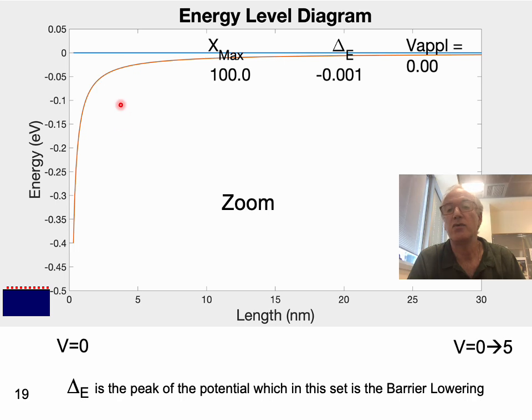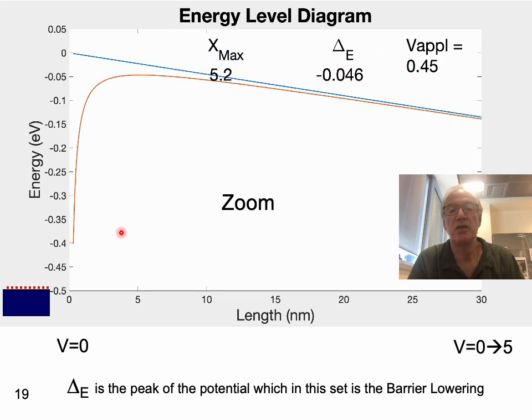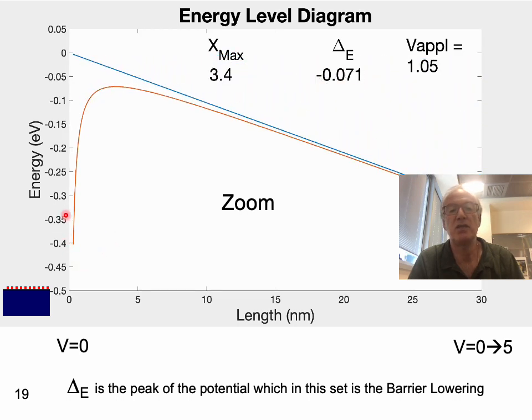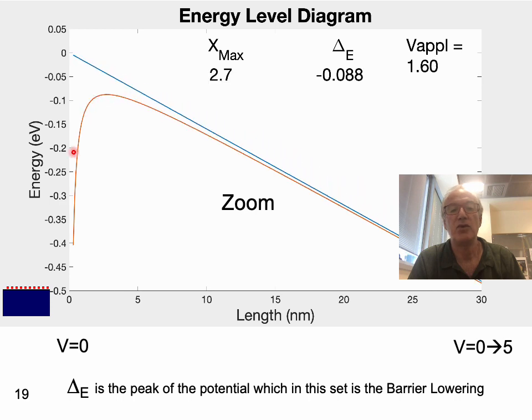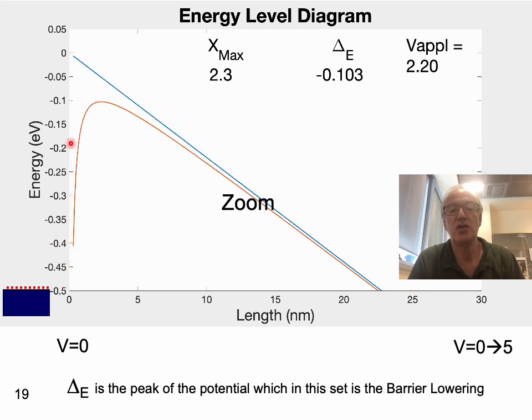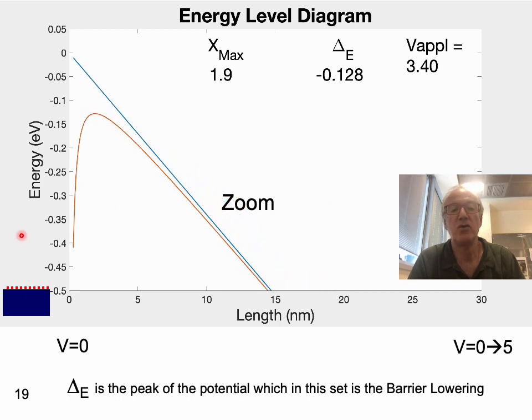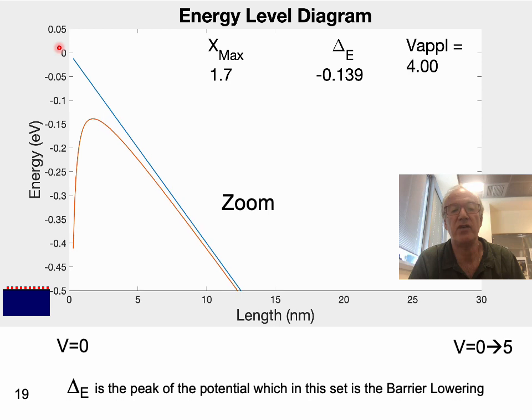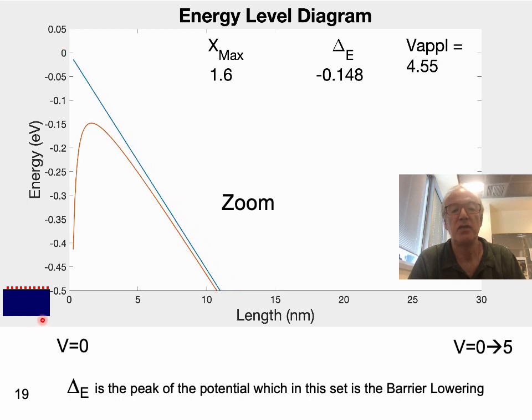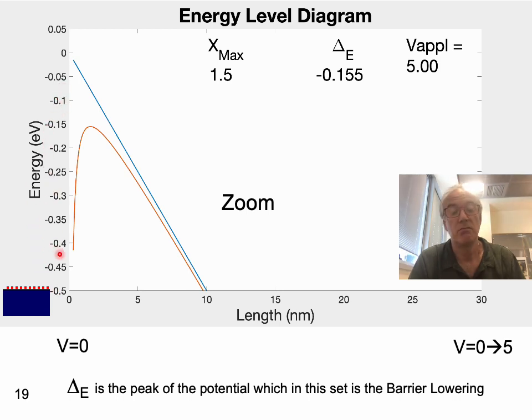And finally, to see better what's going on, we'll zoom in on this region. And again, the same picture, only now it's clearer. We see this top of the potential, which is really the height that the charges need to climb. So when we started they had to go up by 0.5 eV, and now you can see that all they need to go up by is 0.5 minus 0.15, which is 0.35, right?